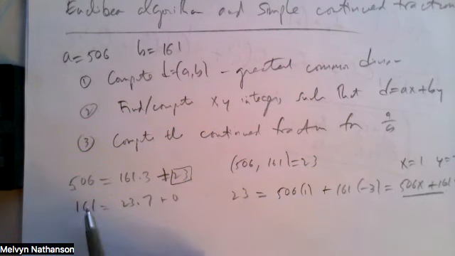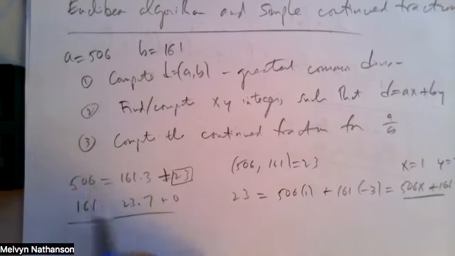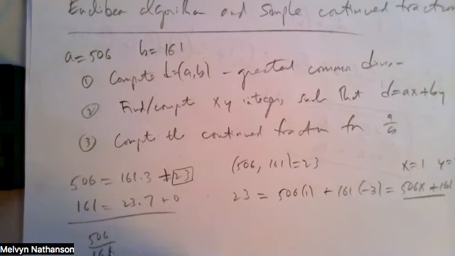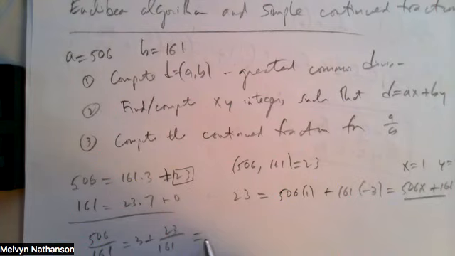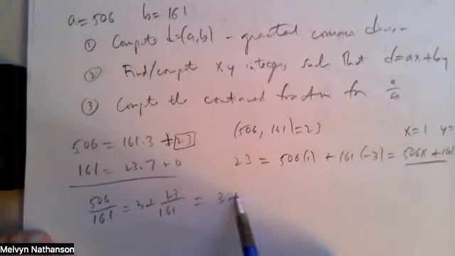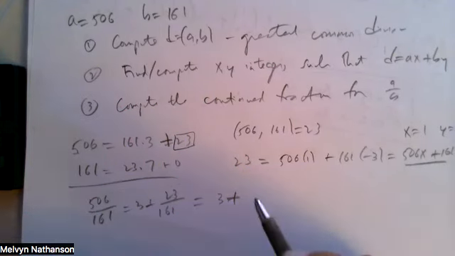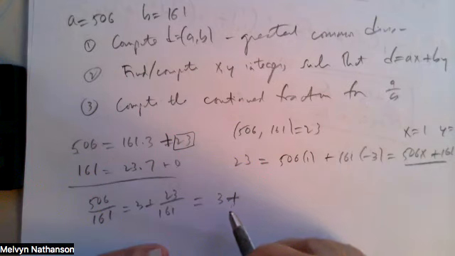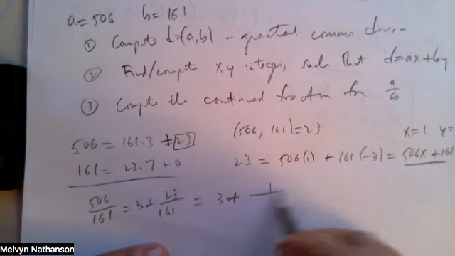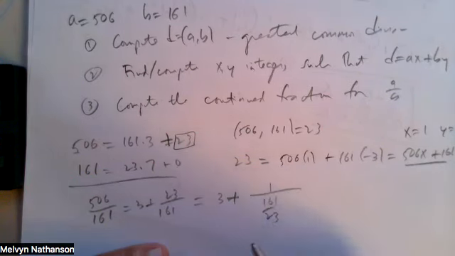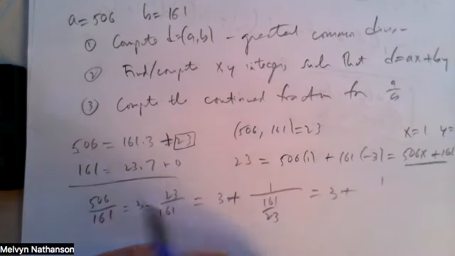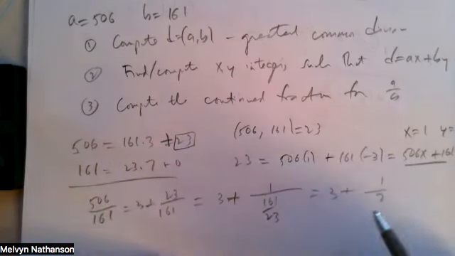And if I want to write 506 and 161 as a fraction, just take this and divide. 506 divided by 161 is 3 plus 23 over 161. Now, if you don't know fractions, you better learn fractions somewhere. 23 over 161 is 1 over 161 over 23, and 161 over 23 is 7.